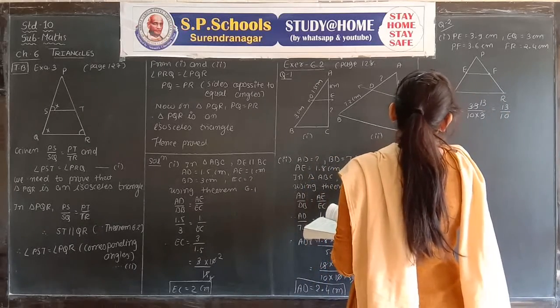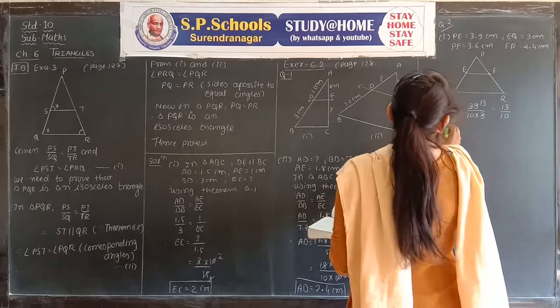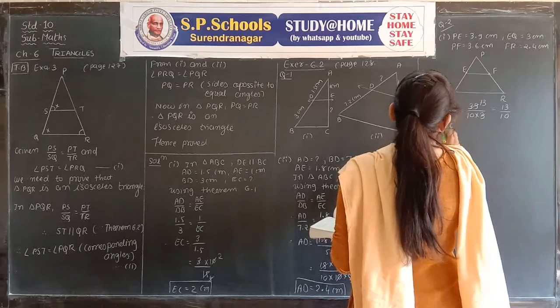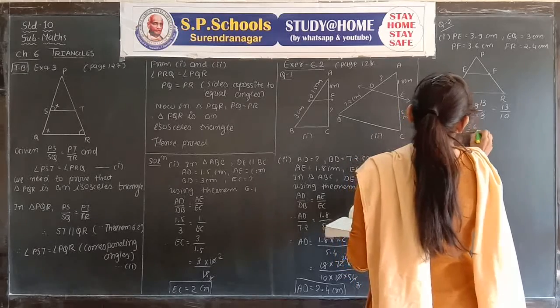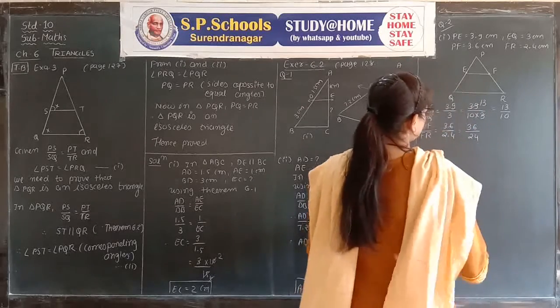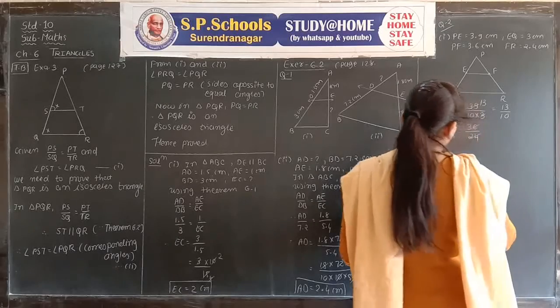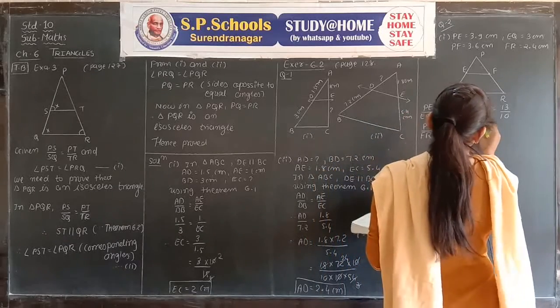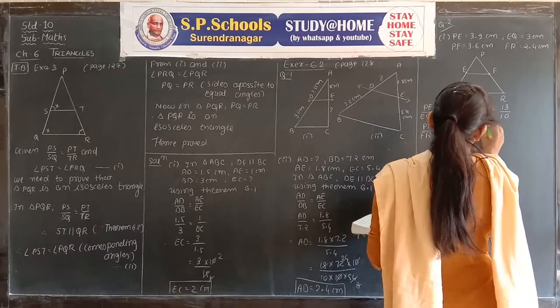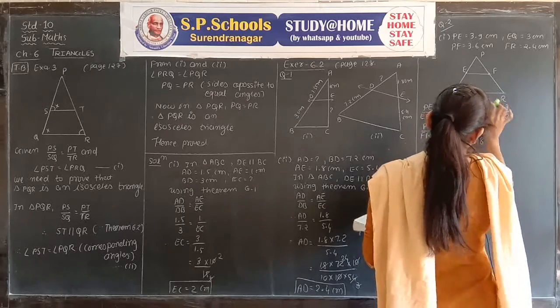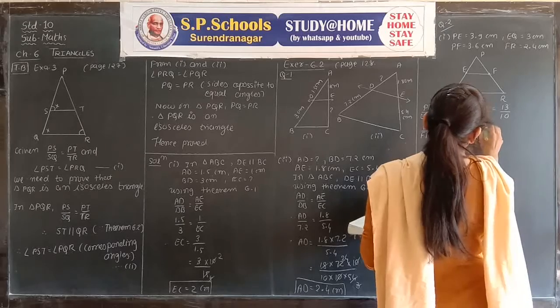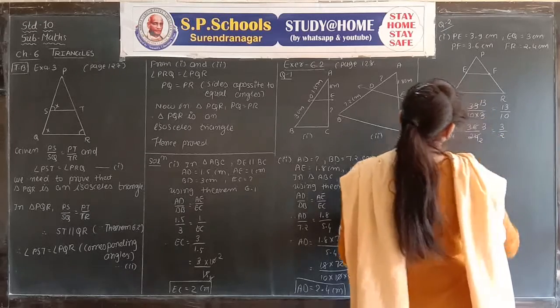PF upon FR is equal to, where PF is 3.6 and FR is equal to 2.4, which is 36 upon 24. By 3 cut is possible, 12 and 8. By 12 is also possible, 2 and 3, which is 3 upon 2.